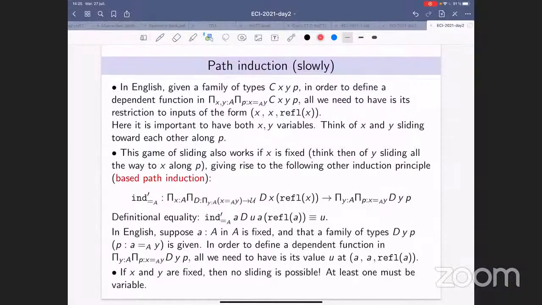In this other version of path induction, which is called based path induction, you fix one end of your path.